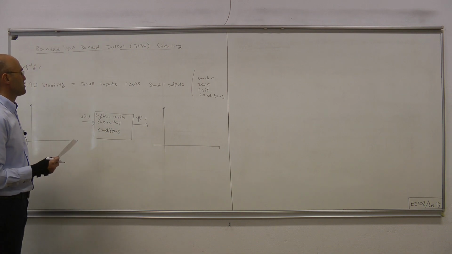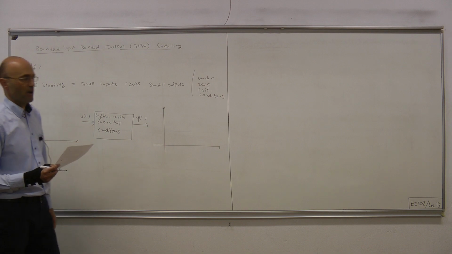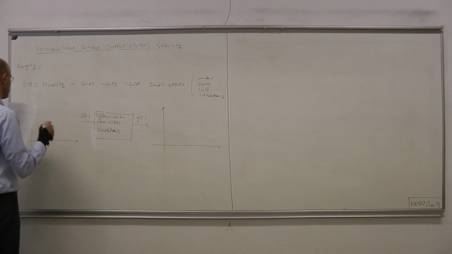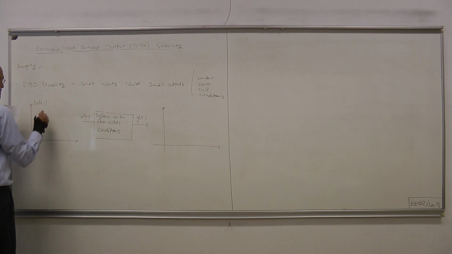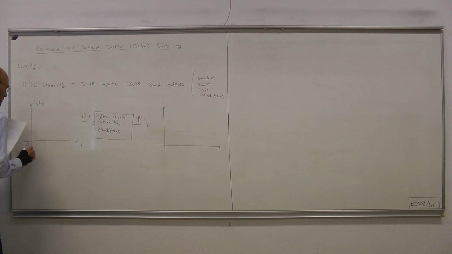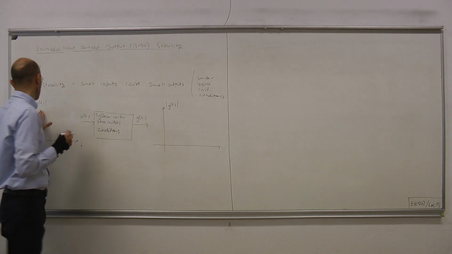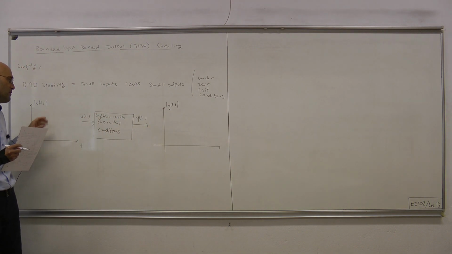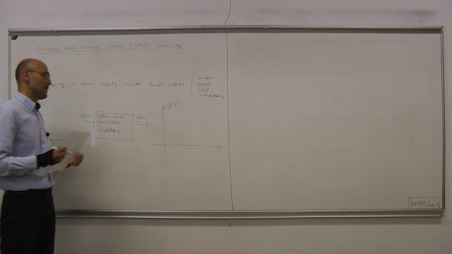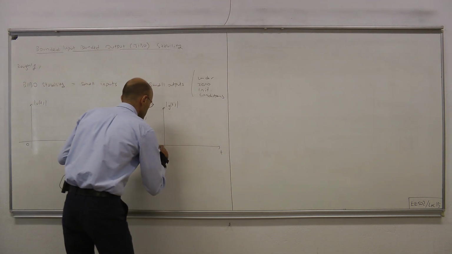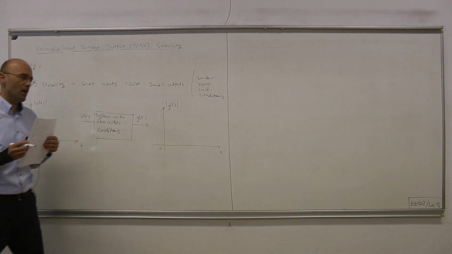Now, if the system is bounded input, bounded output stable, that would mean that, okay, suppose here we have the waveform of the magnitude of the input. Suppose we're dealing with a scalar case, T0, and this is the magnitude of the output.